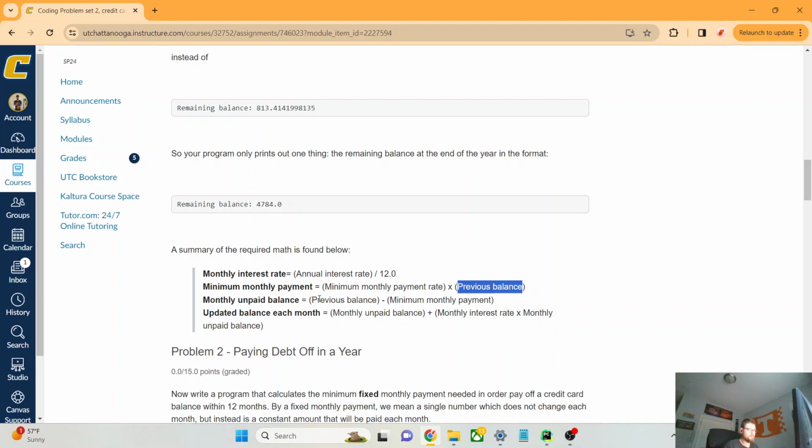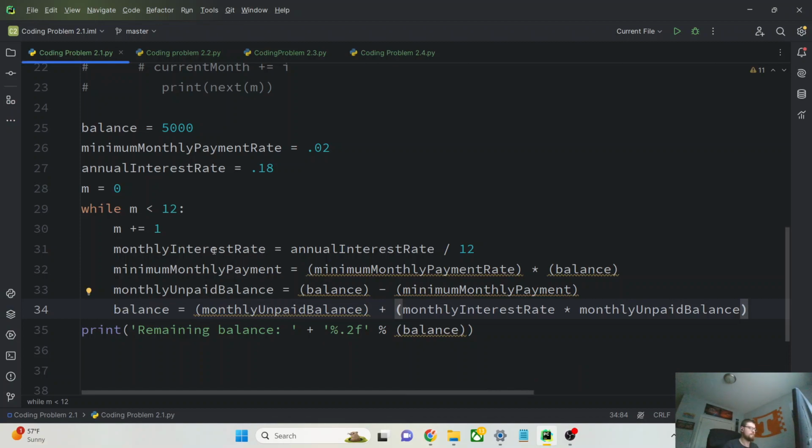I didn't bother using previous balance, I just used balance, which is constantly changing. So instead of having two variables, I just use one balance variable. Makes things a little easier on my part, and I guess for you to grade as well.